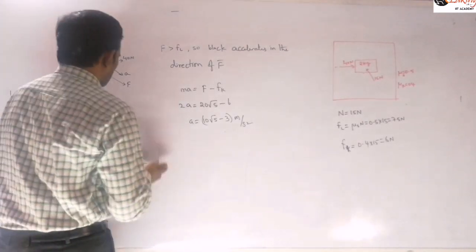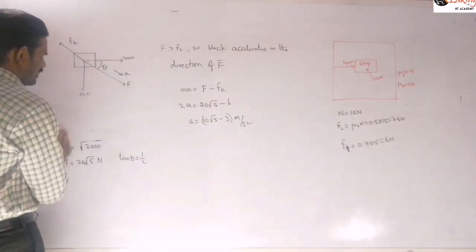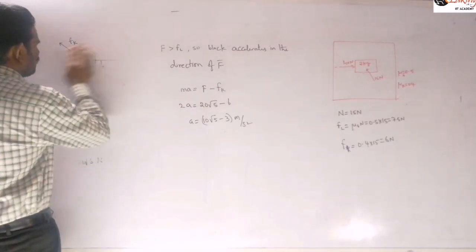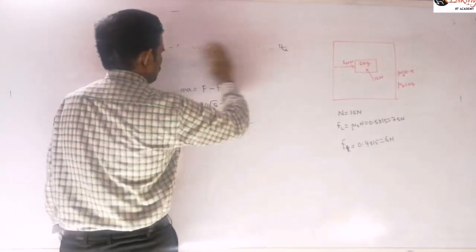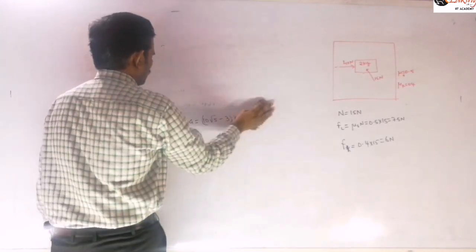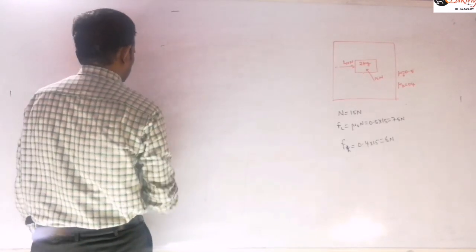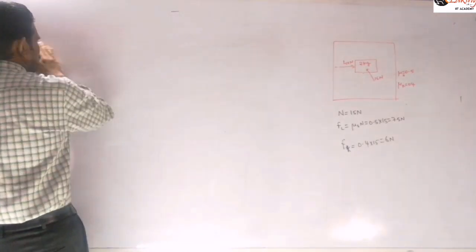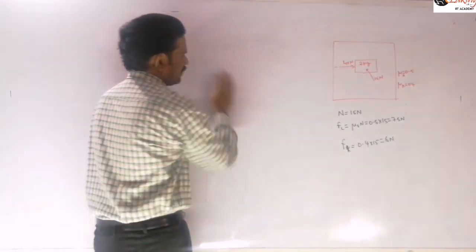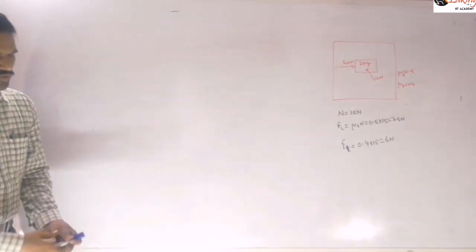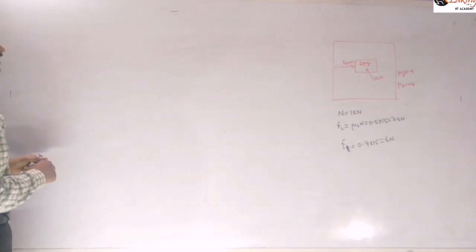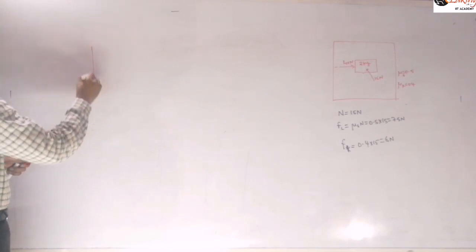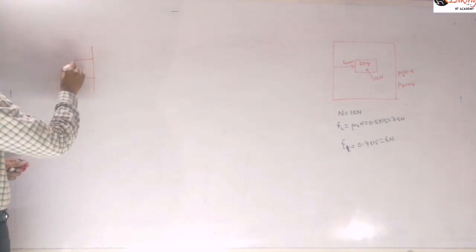And next, we discussed pressing a block against the wall. Now there will be some problems like this. Based on this, one of the previous questions is: how much force is required to keep the system in equilibrium by applying the force like this?